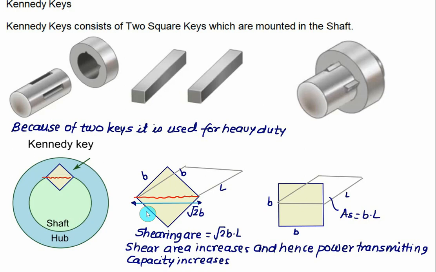Since the resisting area in the case of the Kennedy key is more, equal to root 2 times B multiplied by L, and for the square sunk key the area is B into L, the shear area increases and hence the power transmitting capacity also increases. So the Kennedy key is also used for transmitting large power.